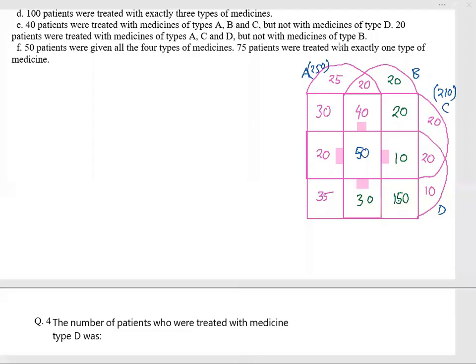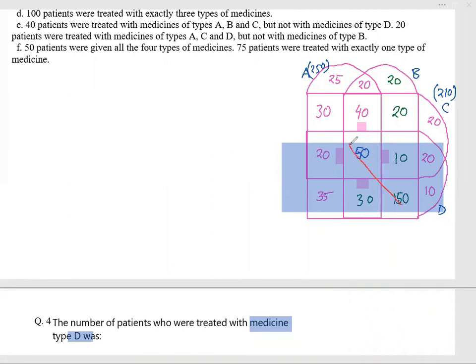Now the question: the number of patients who were treated with medicine type D. Type D means we need to add this entire part. To add these, let us do this.